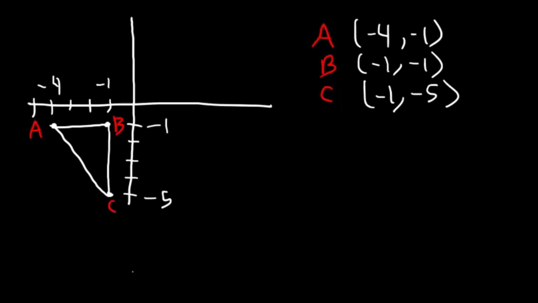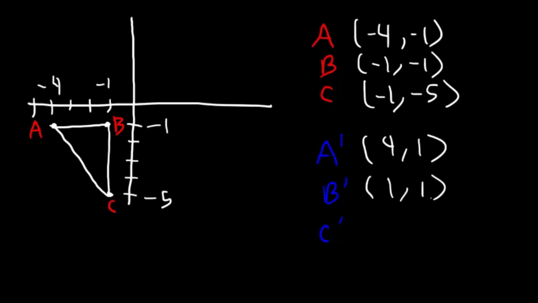So now, let's find the new coordinates. Anytime you want to reflect it about the origin, multiply the x and the y coordinates by -1. So A is going to change from -4, -1 to +4, +1. B is now going to be 1, 1. C is going to be 1, 5. So now let's go ahead and plot it.